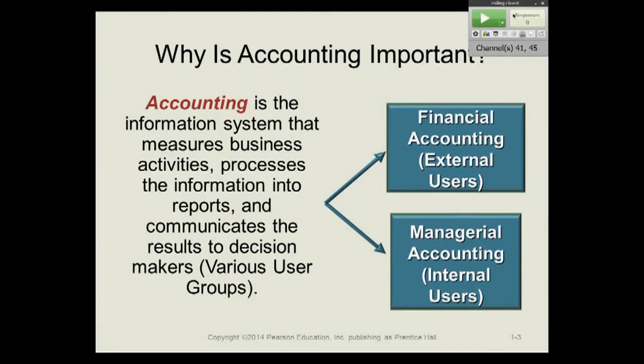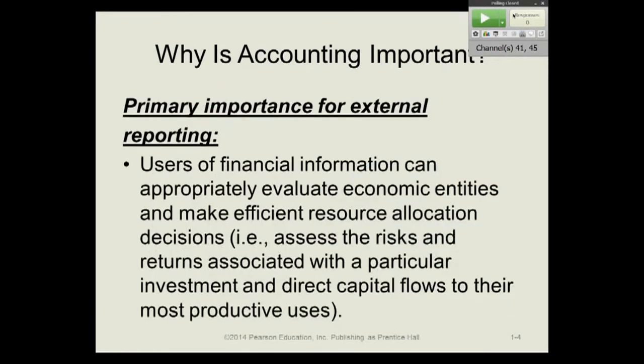Now, the primary importance of this external information is that users of the financial statements can make rational economic decisions. I'm looking at this from a very broad macro perspective. Accounting is important because it drives the market.